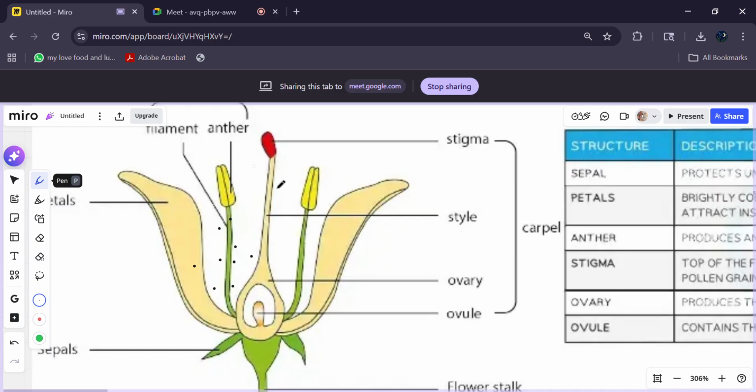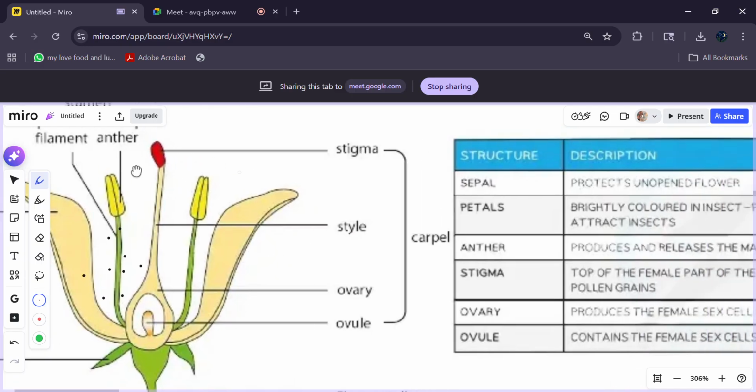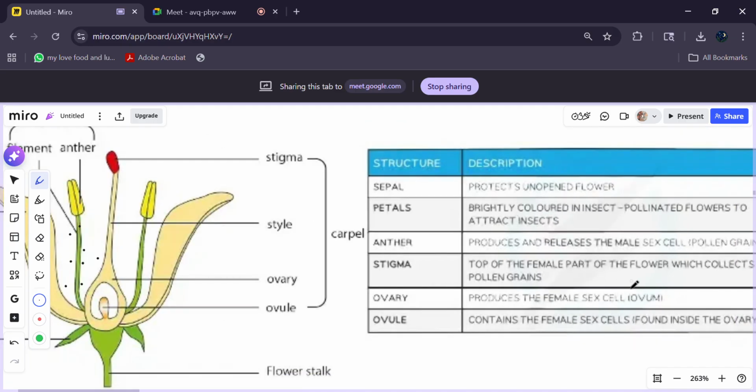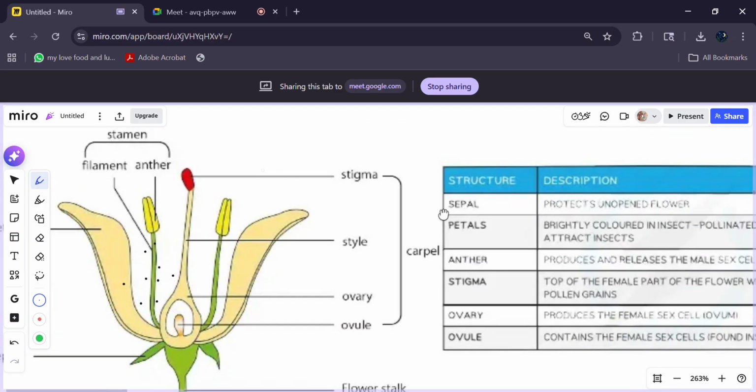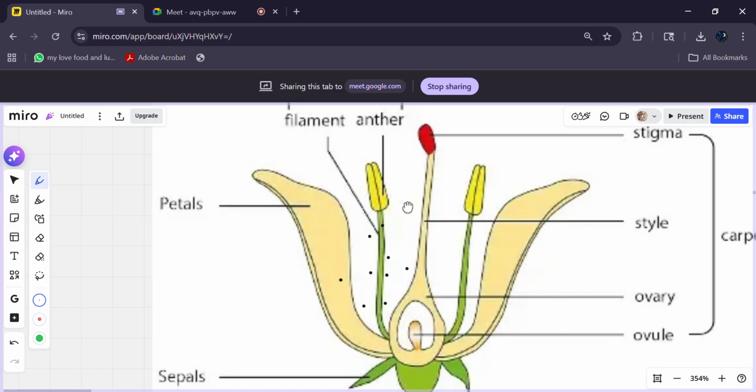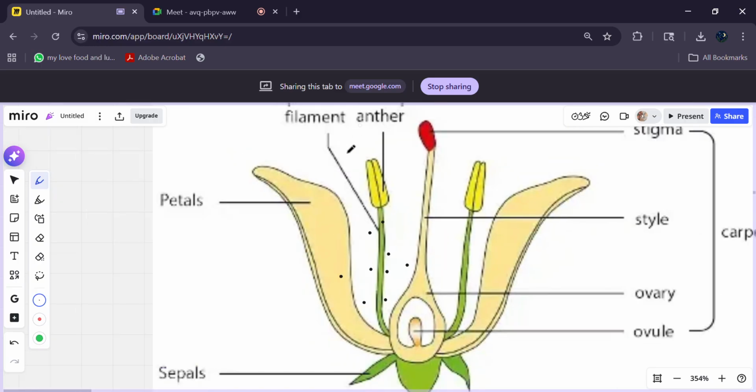So you see the stigma at the top of the female part of the flower, which collects the pollen grains. For those who don't understand, once the anther matures and releases the pollen grains, the insects come and land here, allowing the pollen grains to stick on them.